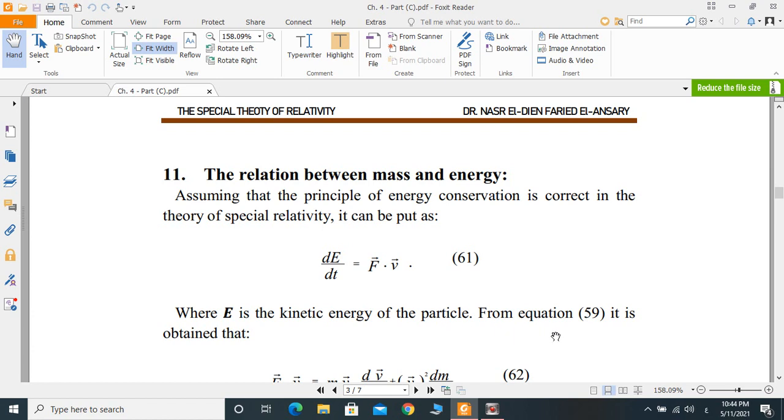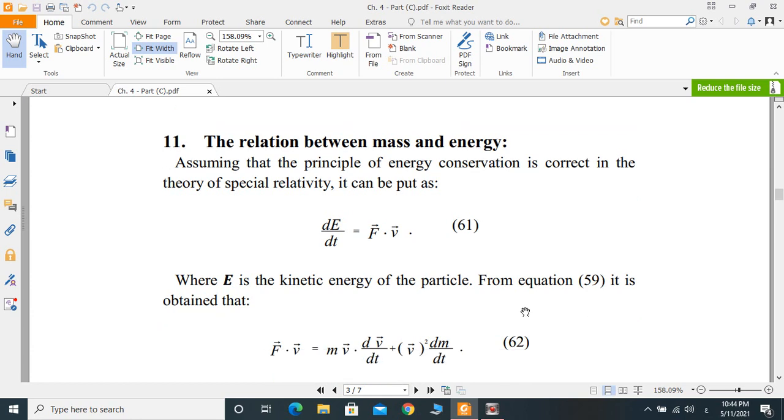From equation 59 we obtain, because F equals d by dt of mv, F can be written as F equals V dm by dt plus m dv by dt.